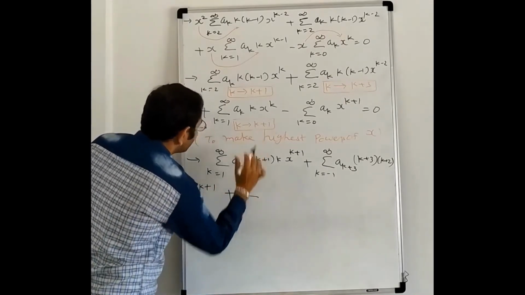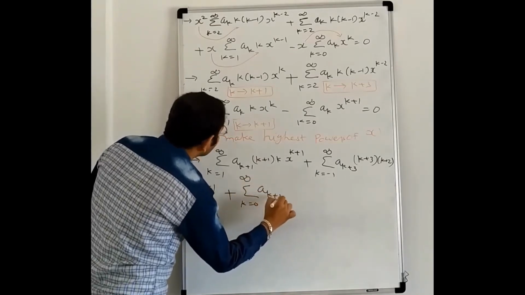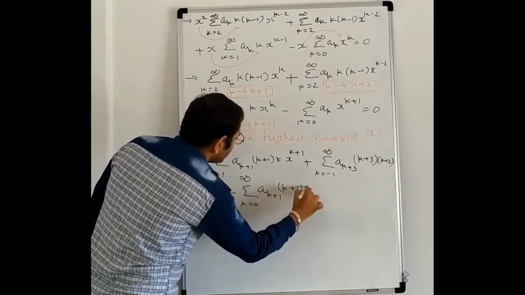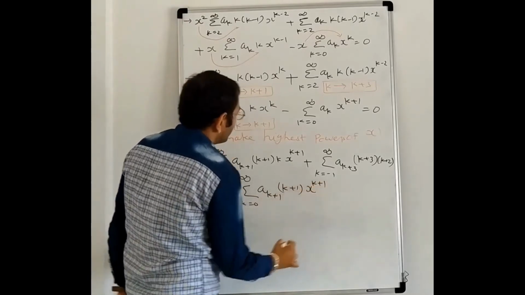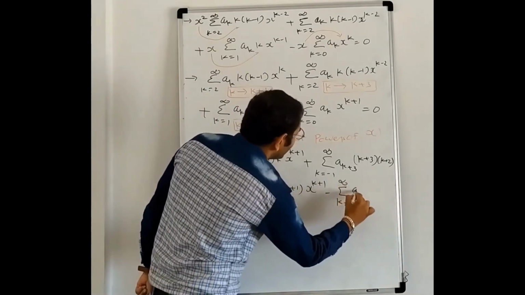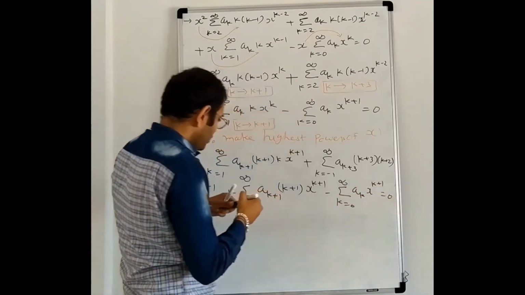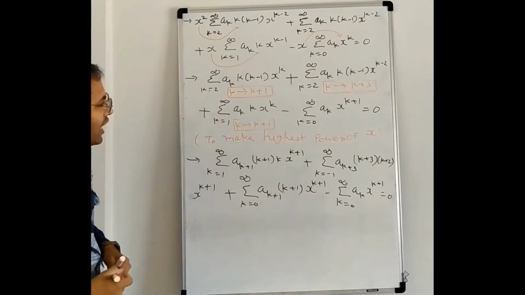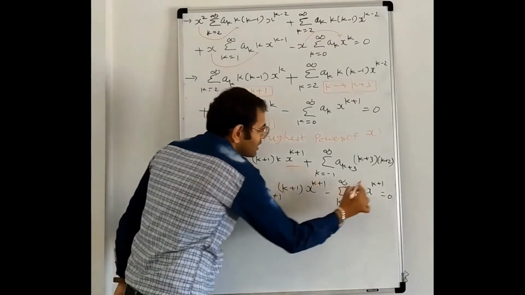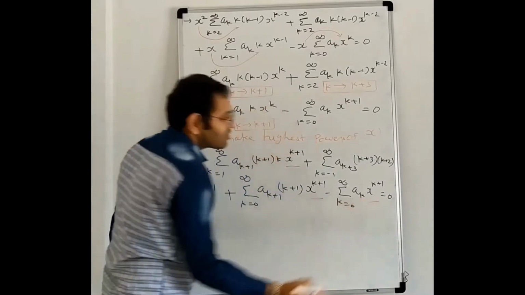Next term summation limit k equal to 0 to infinite, (k plus 1) x raised to k plus 1, minus summation k equal to 0 to infinite x raised to k plus 1 equal to 0.